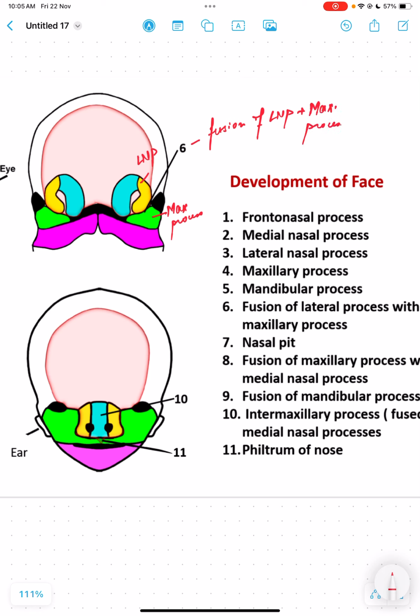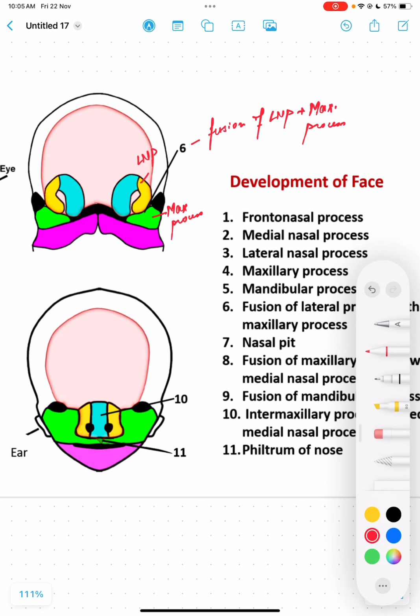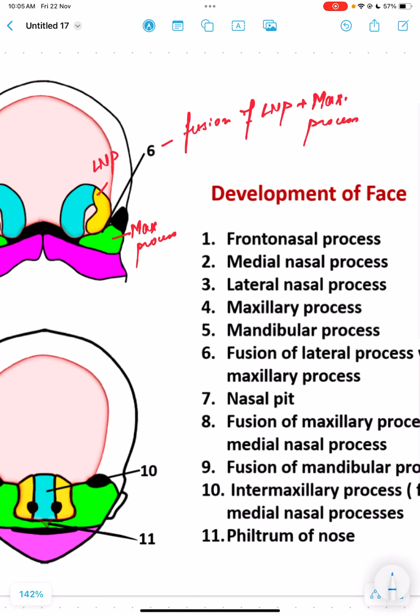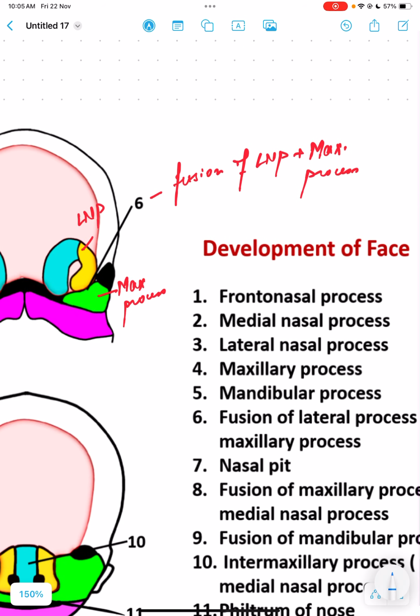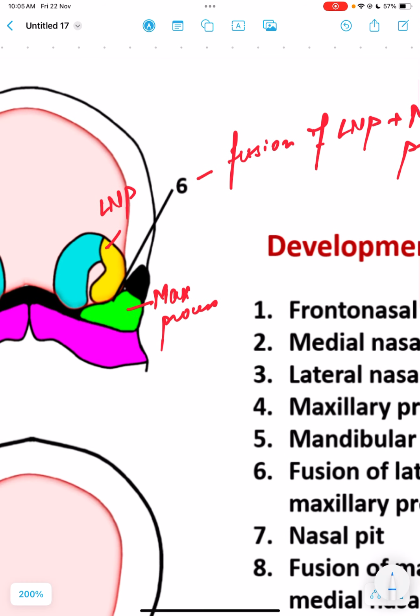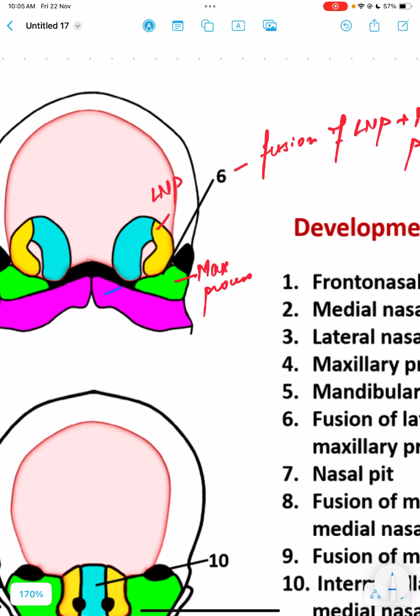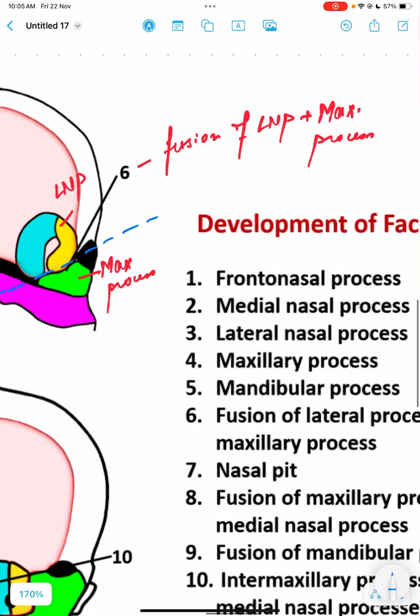And here I am telling you, if the fusion between the lateral nasal process and the maxillary process does not develop, as you can see in the diagram, it is oblique.